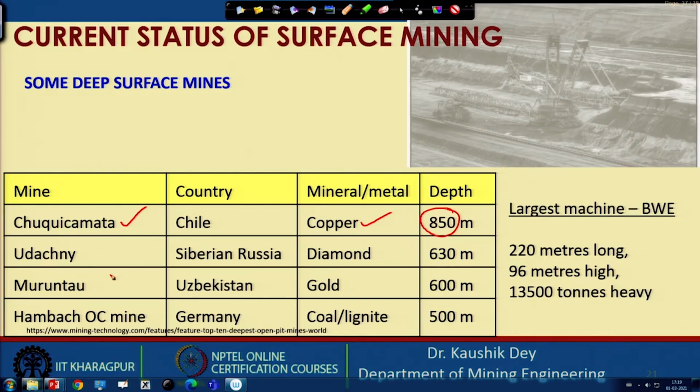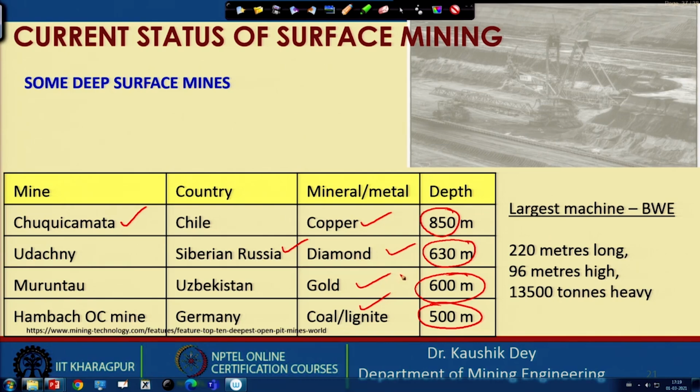This is Udachny of Russia, a diamond mine. This is one of the very deepest mines. This is a gold mine in Uzbekistan, 600 meter, and Germany has the deepest coal mine of the world, which they call brown coal, that means lignite, of Germany.